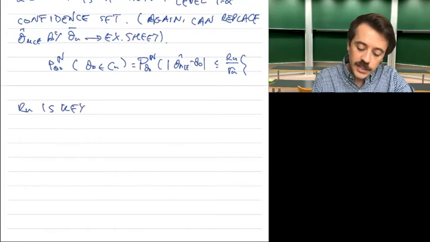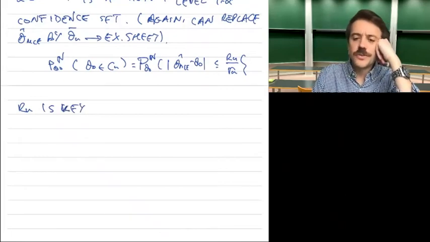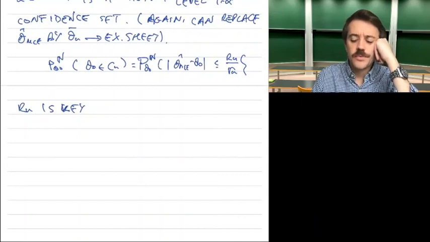Because the rest we understand perfectly well. This really reminds us of the usual confidence sets for the MLE, except for the fact that Rn should be the z alpha that we had.